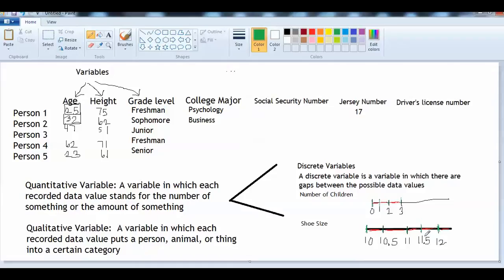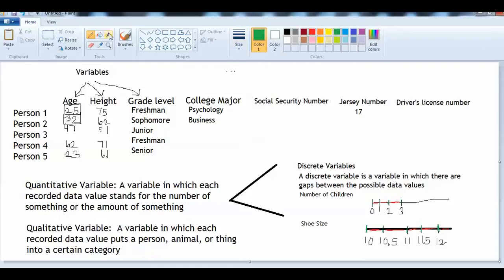If you buy a small container, I think they maybe sell quarter gallons. So if you bought a full gallon and a quarter gallon, I guess you could buy 1.25 gallons of milk. But there are gaps between the possible values because a person might never be able to buy 10.8 or 1.8 gallons of milk. So that might also be discrete.